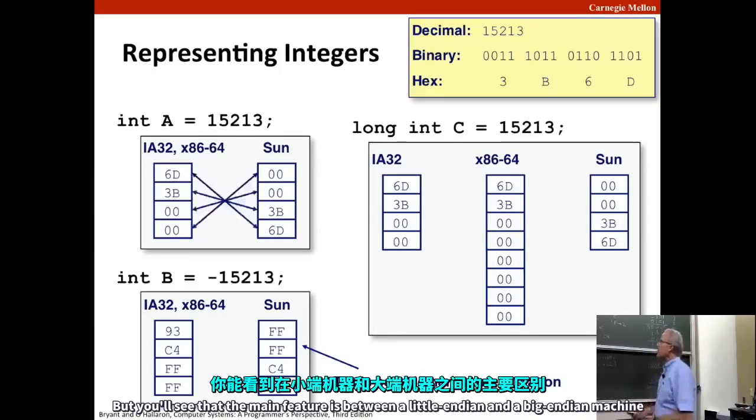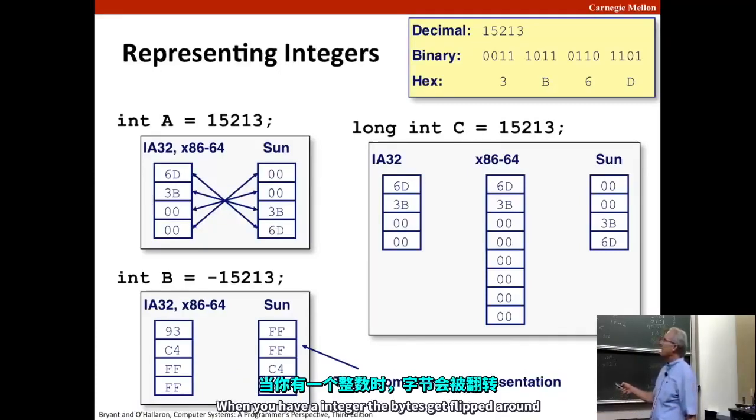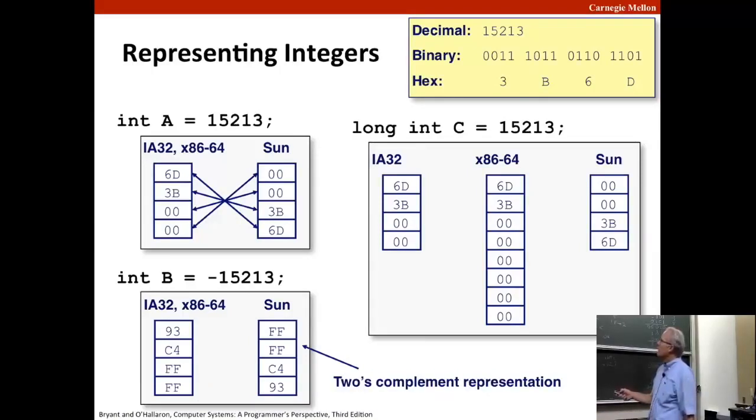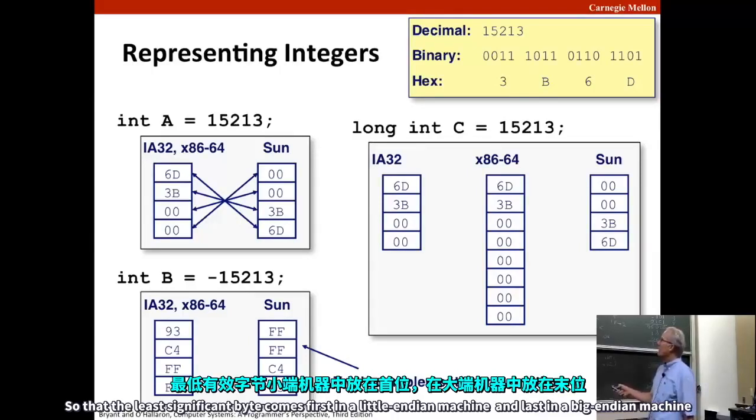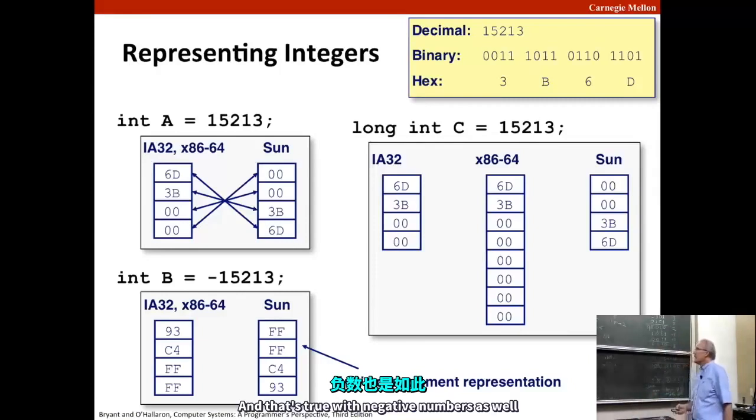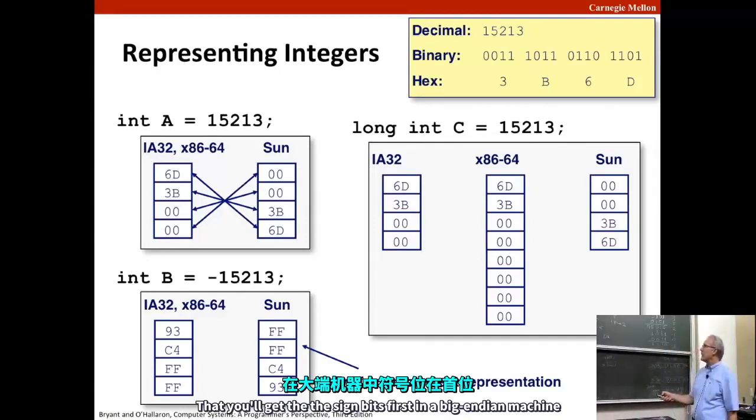But you'll see that the main feature is that between a Little Endian and a Big Endian machine, when you have an integer, the bytes get flipped around so that the least significant byte comes first in a Little Endian machine and last in a Big Endian machine. And that's true with negative numbers as well, that you'll get the sign bits first in a Big Endian machine.